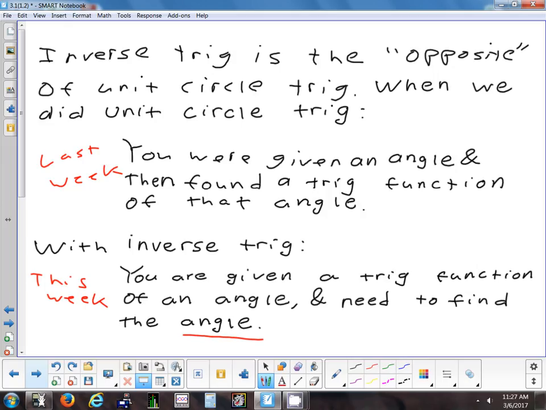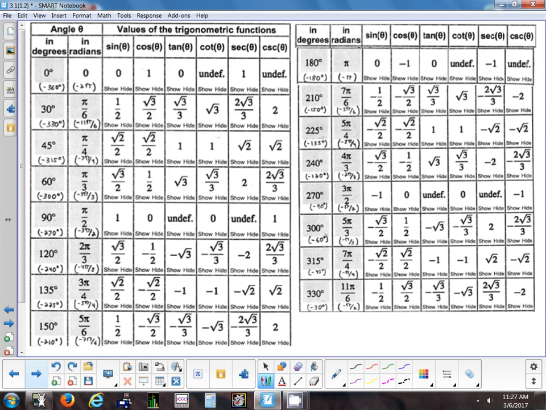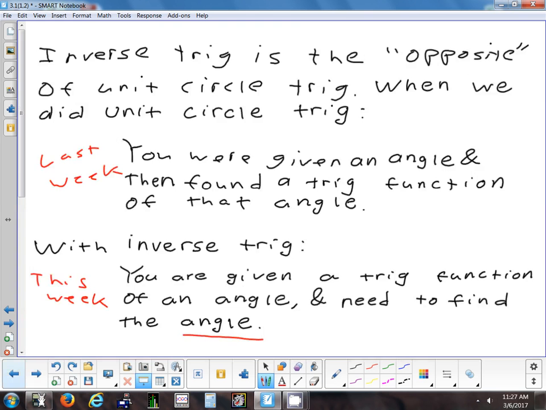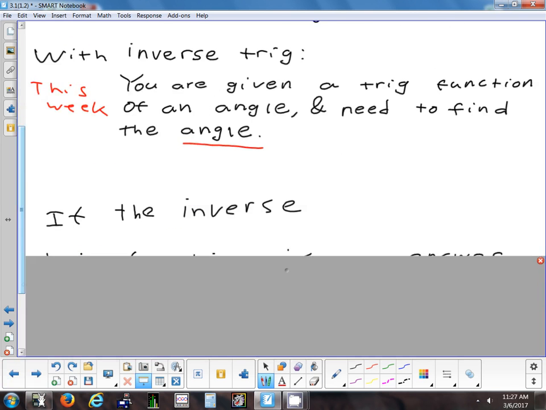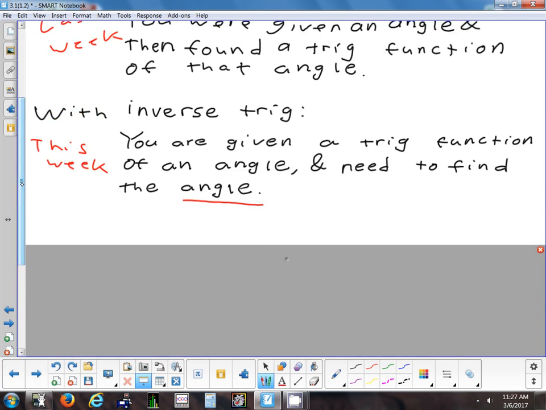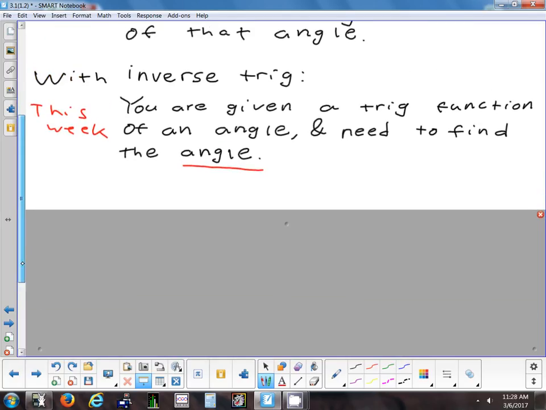It's only angles that are multiples of 30 and 45. If you've got to do something other than a 30 or 45, that's where the calculator comes in. But we'll practice using this chart a little bit.